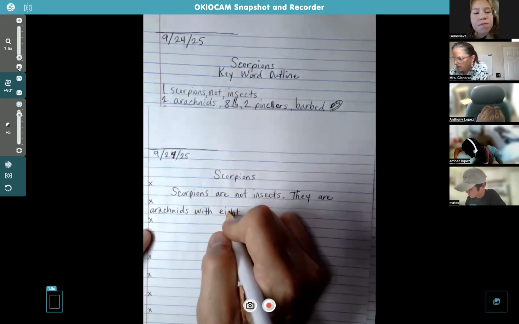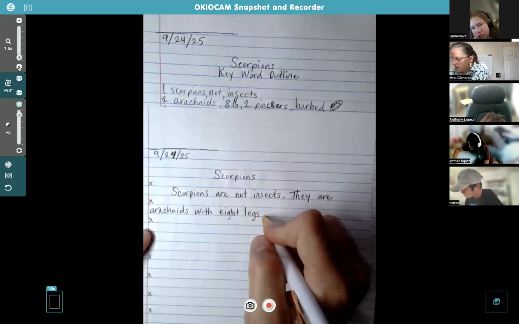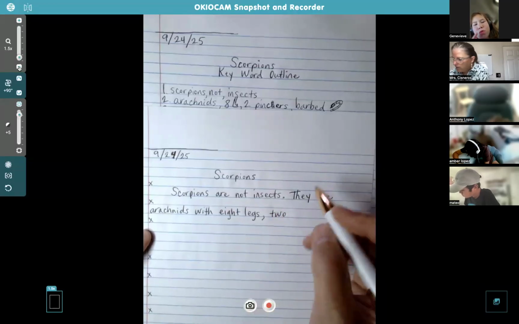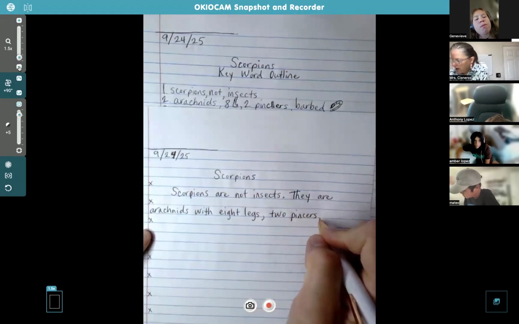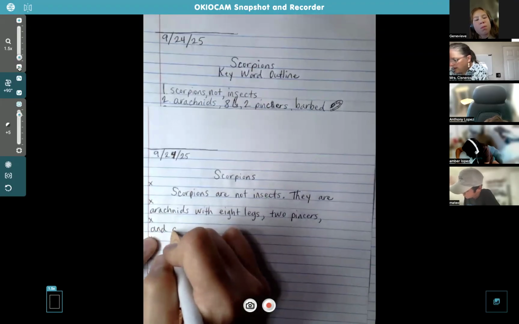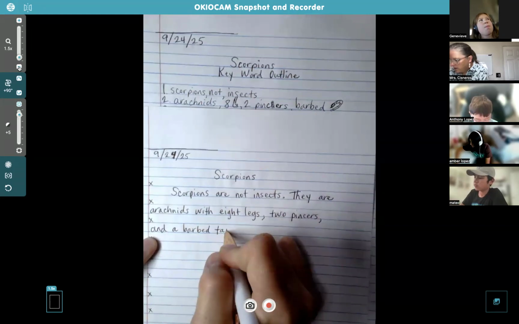Hang on, Genevieve, I see your hand there. 8 legs, comma, and then spell out 2, T-W-O, pinchers, comma, and then skip a line, and a barbed tail.